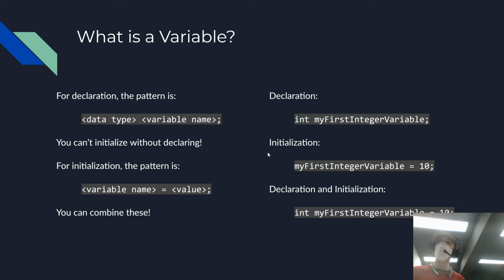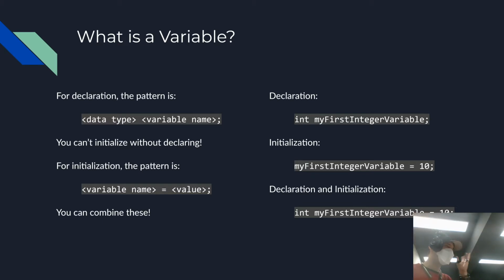Then later we can initialize it. In programming, a single equal sign means whatever's after the equal, store it in whatever's before the equal. So it's not actually equal, it's more like assign. When you see equal, you should think assign. So myFirstIntegerVariable is assigned the number 10.